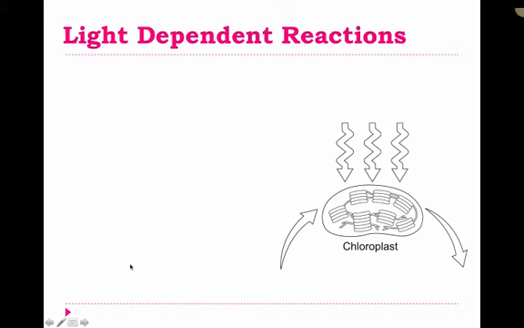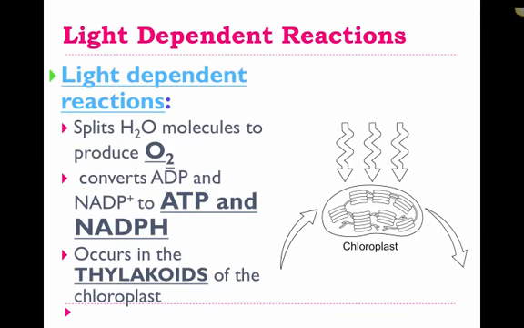So photosynthesis is made up of two parts. The first being the light-dependent reactions, meaning they require sunlight. The light-dependent reactions take water and produce oxygen. So it splits the water up and as a result releases oxygen.